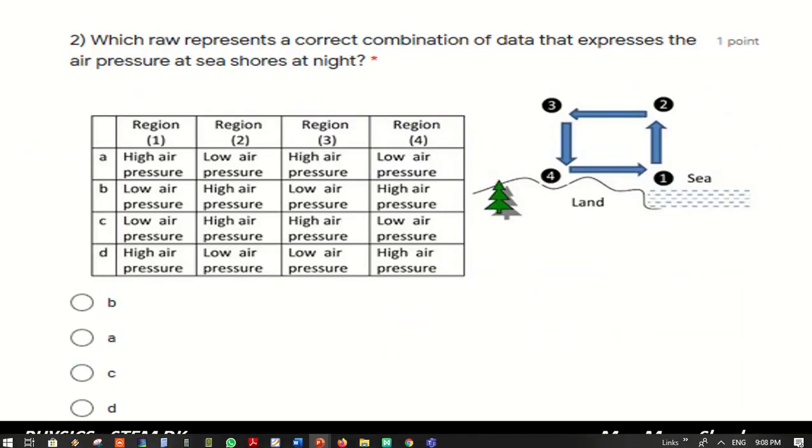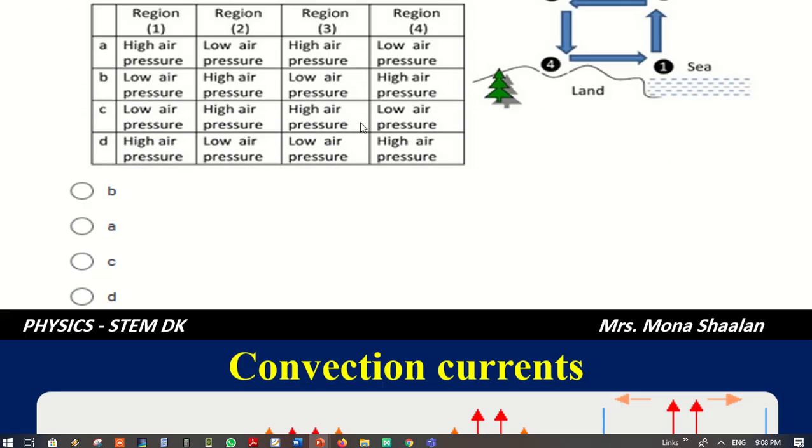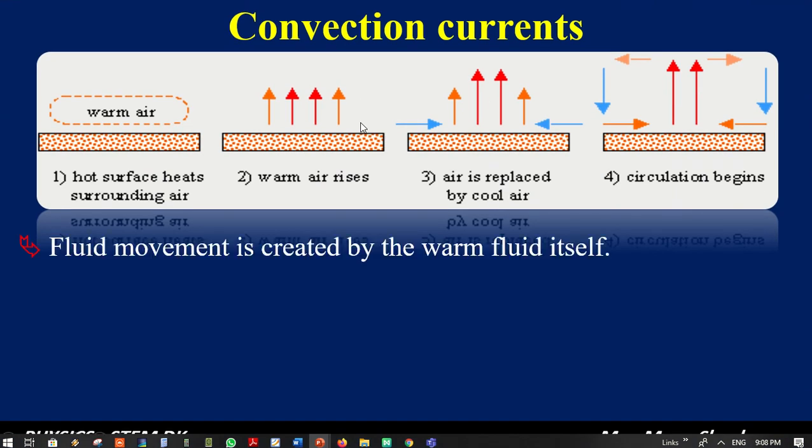Question number 2. Which row represents a correct combination of data that expresses the air pressure at the seashore at night? Okay, what would happen here? Let's review the convection current.